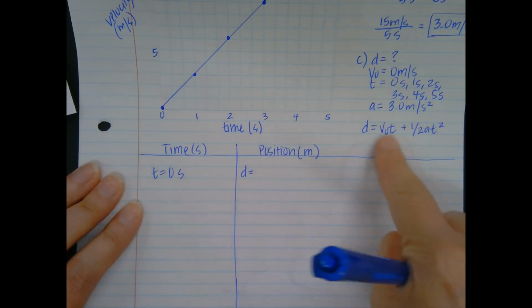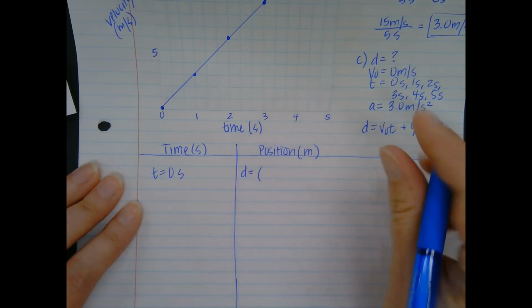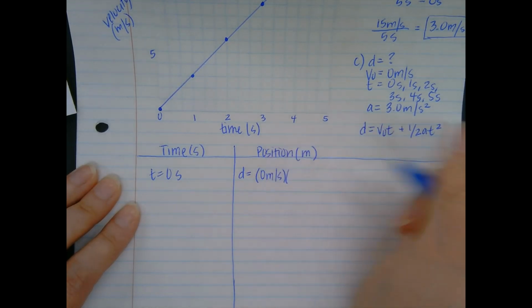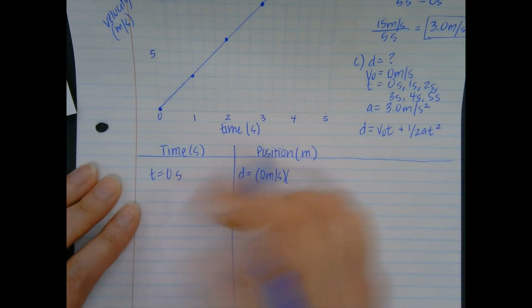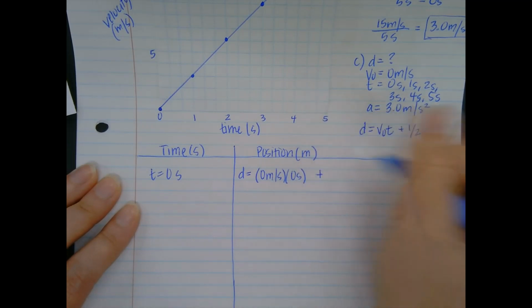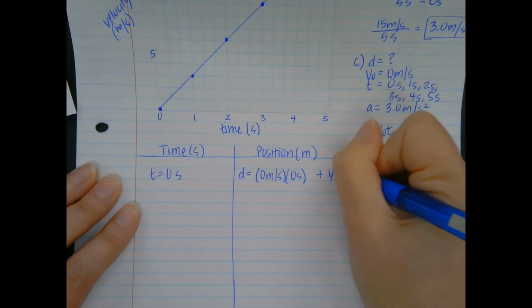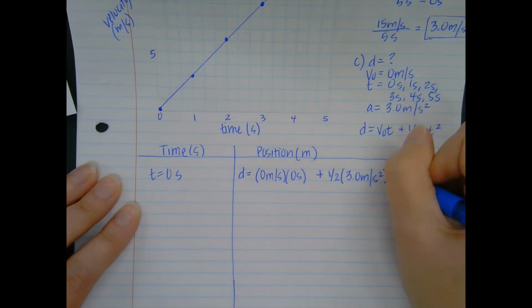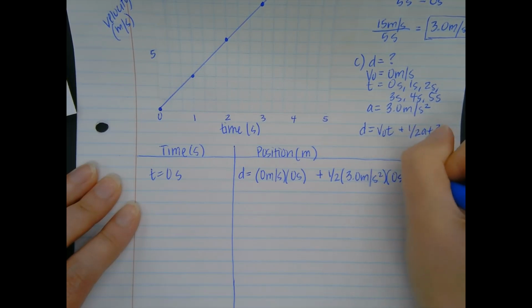So my distance equals my V0. Up here I've already labeled that that's 0 meters per second times my time of 0 seconds in this first data point, plus 1/2 times my acceleration, which is 3 meters per second squared, times my time, which is 0 seconds squared.